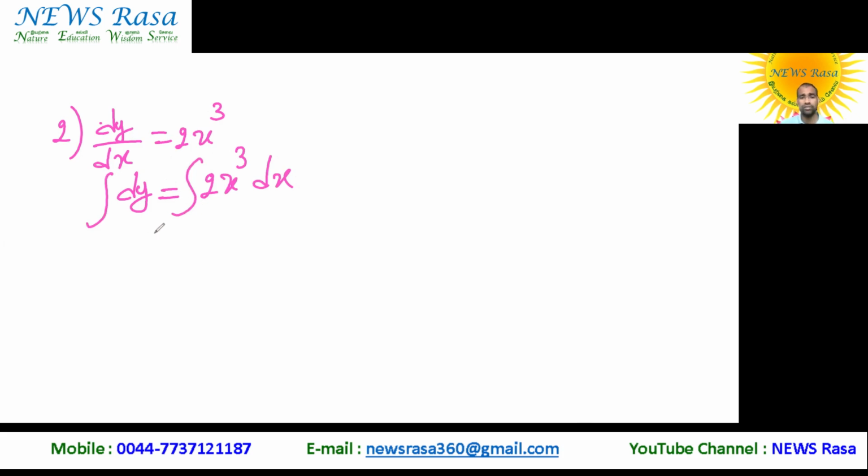Okay, so the integral of dy is just y, and then when we come inside the 2x cubed, you can separate it as 2 times x cubed, right? So then we increase the power of x cubed, right? So that's going to be x to the power of 3 plus 1 whole thing divided by 3 plus 1.